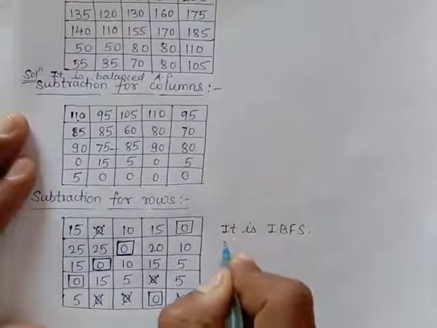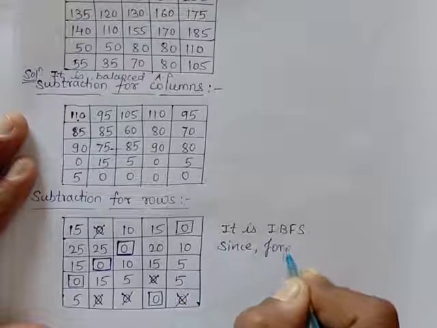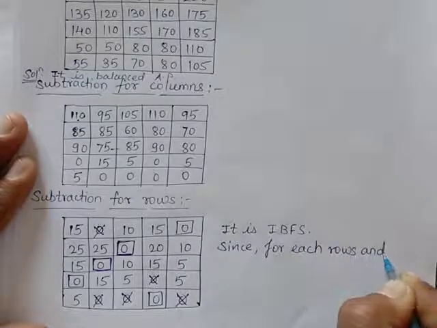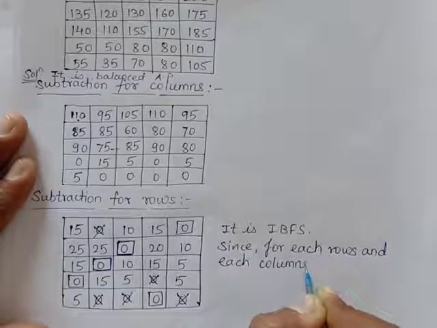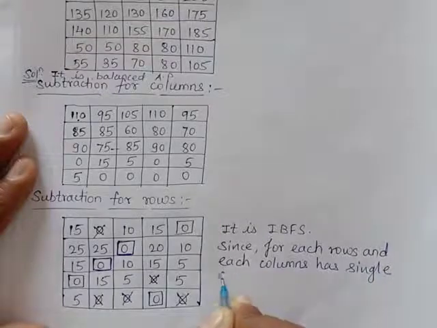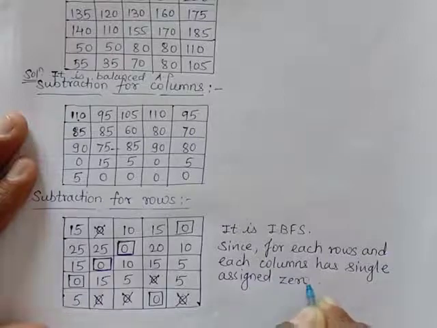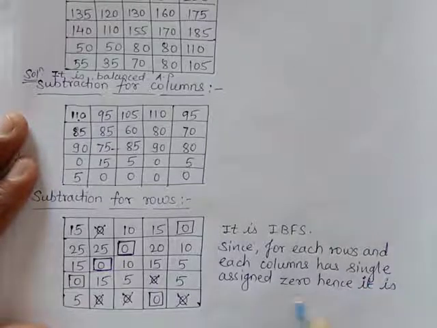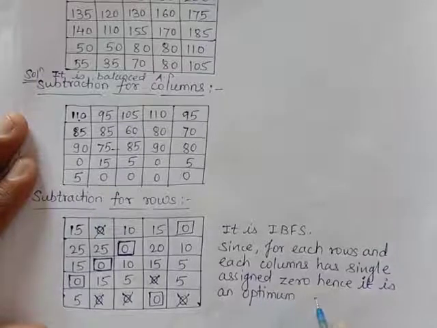So now since each row and each column has a single assigned 0, hence it is an optimum assignment.